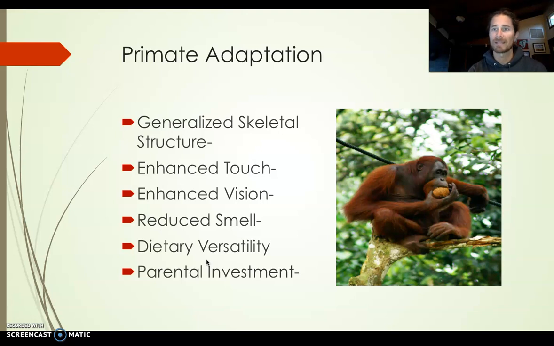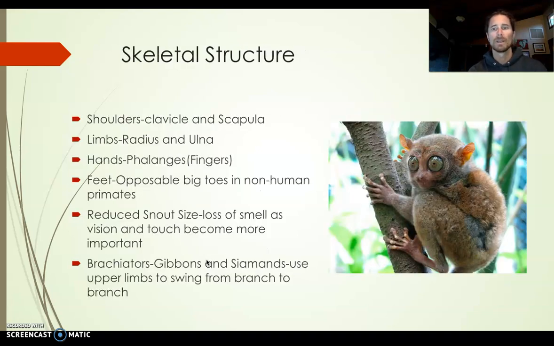Dietary versatility, or plasticity, also covered, and then parental investment. This slide's vitally important in terms of primate adaptation. What is it that makes us us, and how are we related to non-human primates? So, parts of the skeletal structure. This tarsier, people either think it's cute or scary.